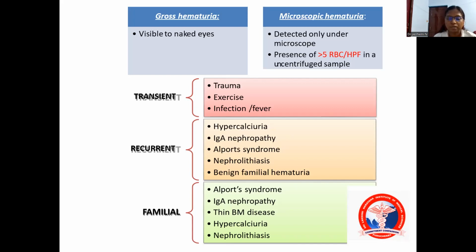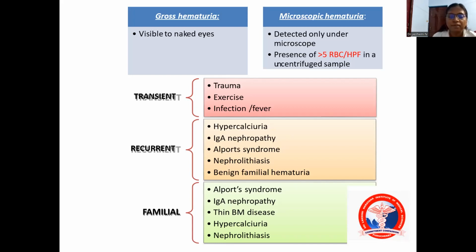Alport syndrome is nothing but a mutation in type 4 collagen, that is, the alpha 5 chain of type 4 collagen will be mutated, leading to glomerular injury and nephropathy.